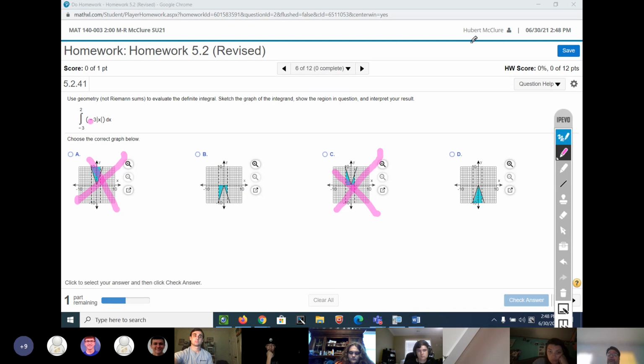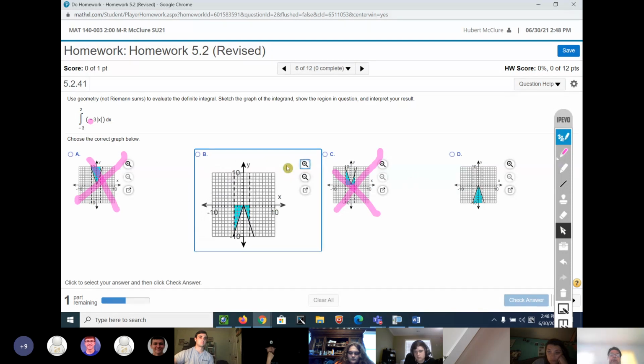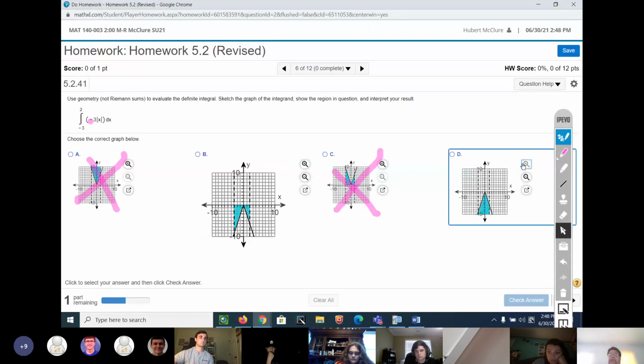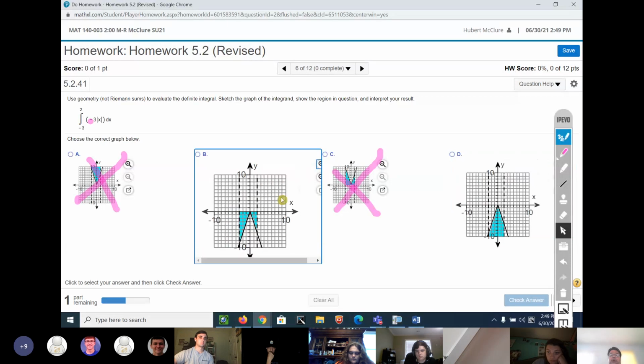Now, you might have to look at the graph, so I'm going to hit my button here and blow up this graph, and this graph. I'm trying to see if there's any difference. That's -3 to +2. 1, 2, 3. That one's -3 to +2.